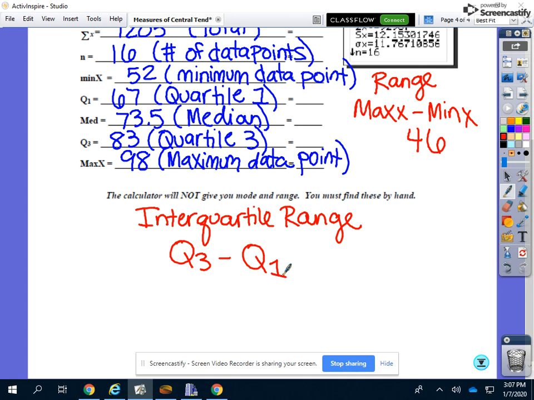In this case, you would need to do the quartile 3, which is 83, minus quartile 1, which is 67. So for this data set, the interquartile range is 16. This is your introduction to your vocabulary and how to use your graphing calculator to find measures of central tendency.